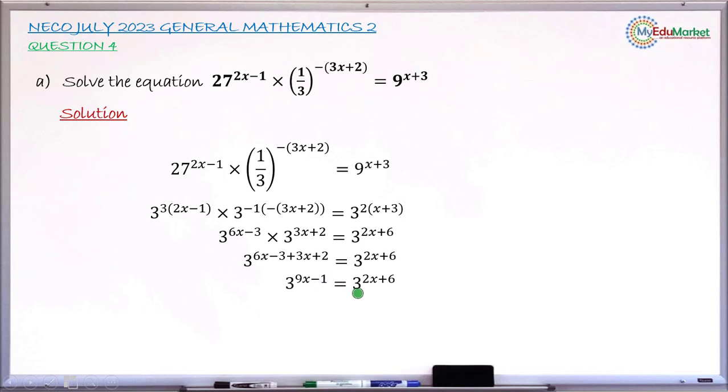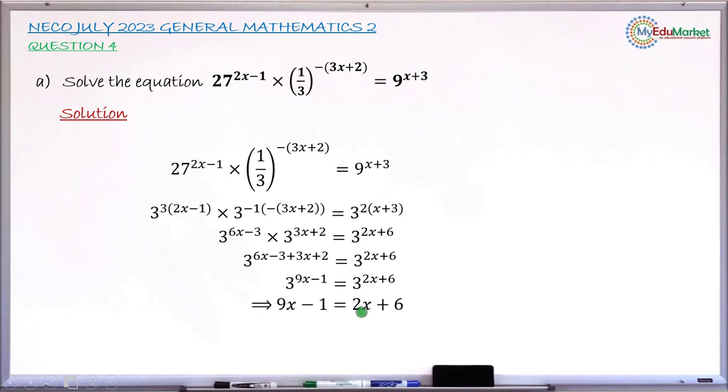So what you now do, you have index numbers having the same base, and those two index numbers are equal, which means their powers must be equal. So you can see here, it implies that the power of the index number on the left, which is 9x minus 1, equals the power of the index number on the right, which is 2x plus 6. That gives you a simple equation which you can now solve.